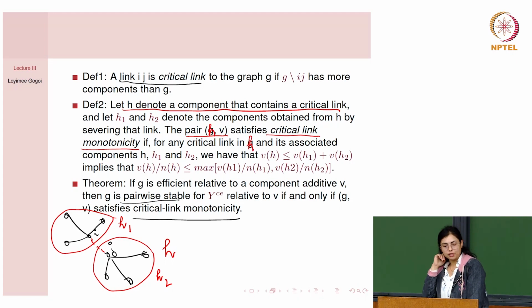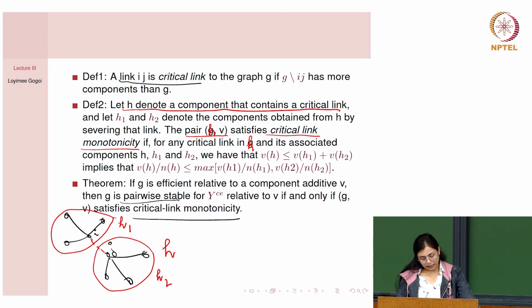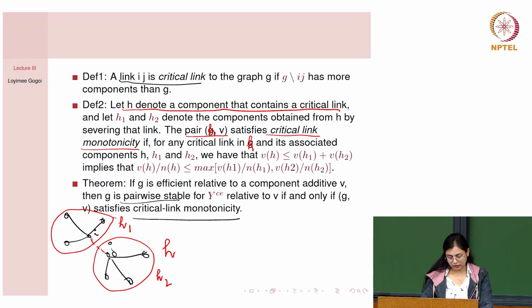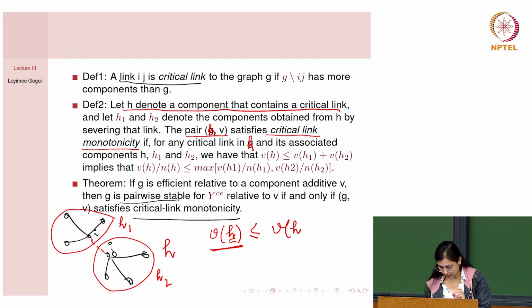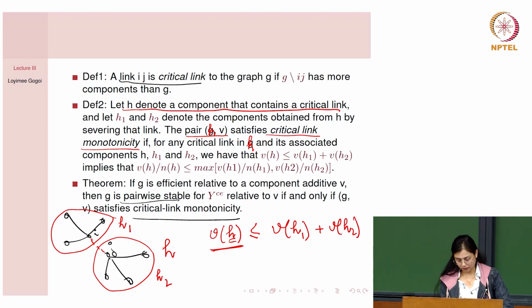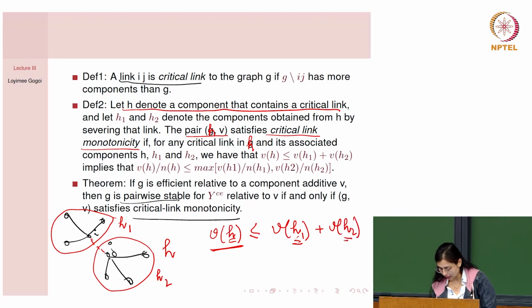So then H and v satisfies critical link monotonicity if the worth generated by the whole component H is less than the sum of the worths generated by H1 and H2 individually.